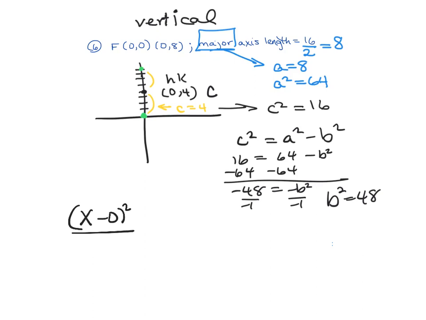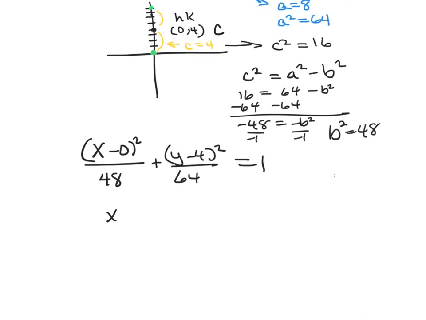And then my major axis here is going to be under the Y, so the 48 goes here, that's the B squared. And then Y minus 4 squared, and it gets the 64 equals 1. Only thing I'm going to simplify is the X minus 0. So this becomes X squared over 48 plus Y minus 4 squared over 64 equals 1.